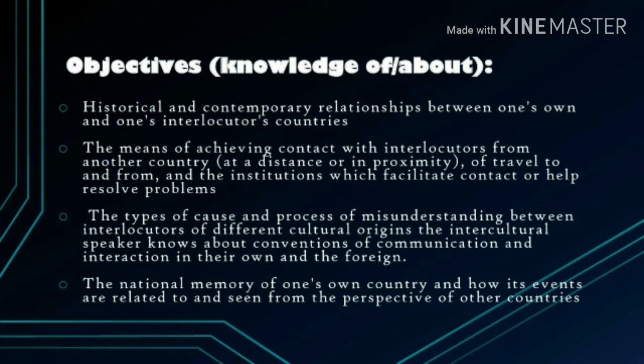D. The national memory of one's own country and how its events are related to and seen from the perspective of other countries. The intercultural speaker knows the events and their emblems.